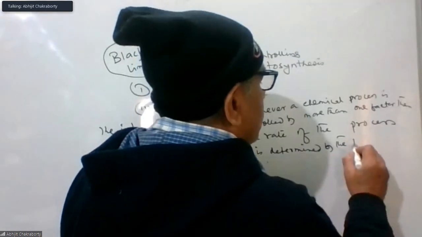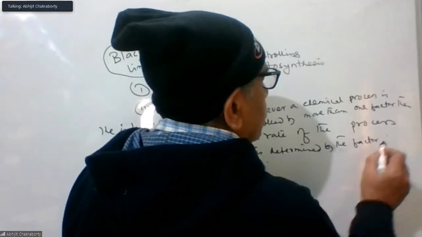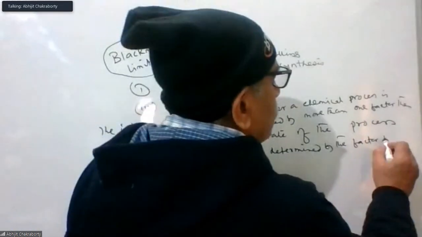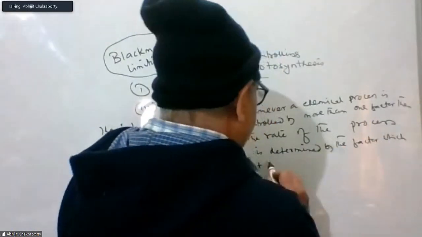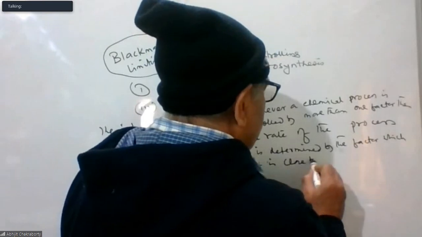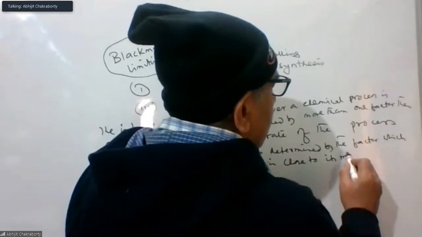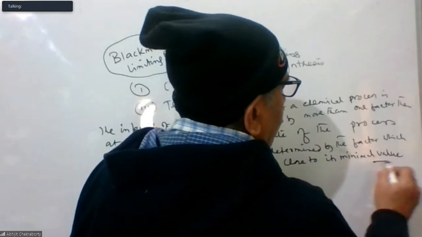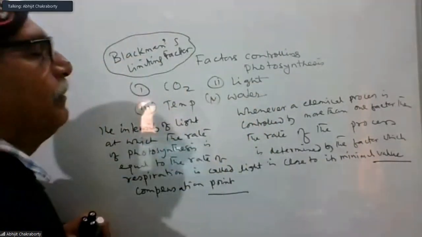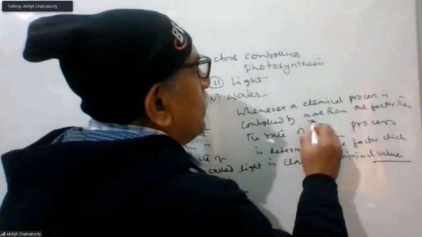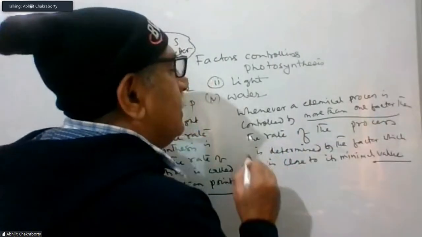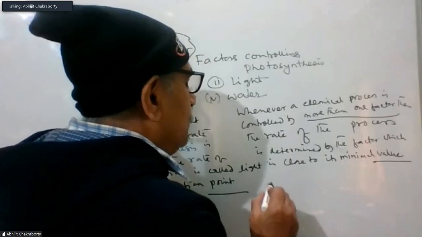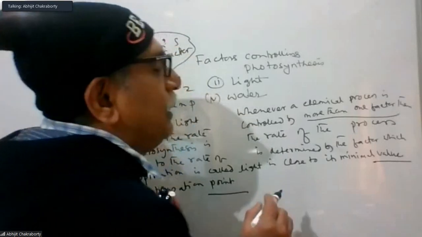Whenever a chemical process is controlled by more than one factor, then the rate of the process is determined by the factor which is close to its minimal value.